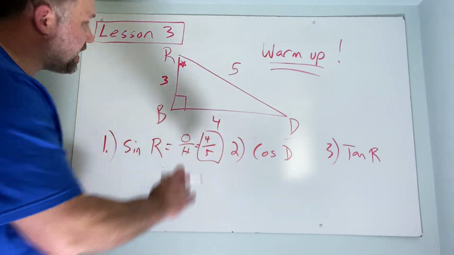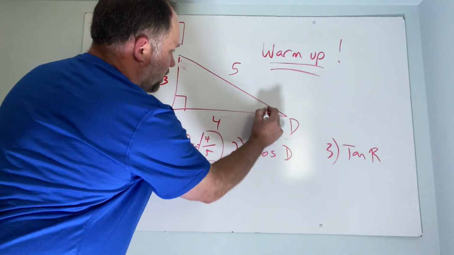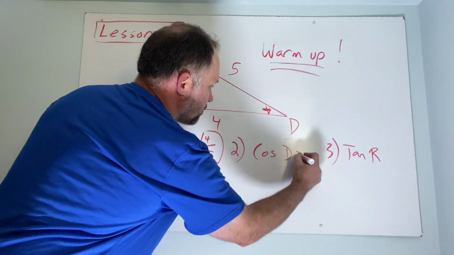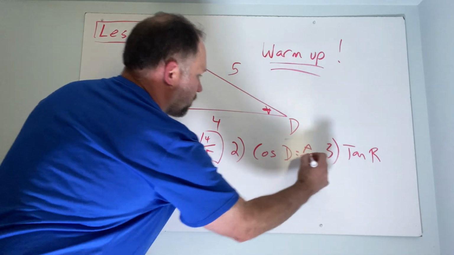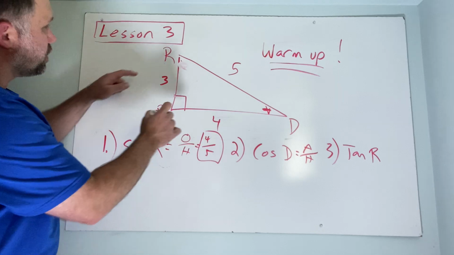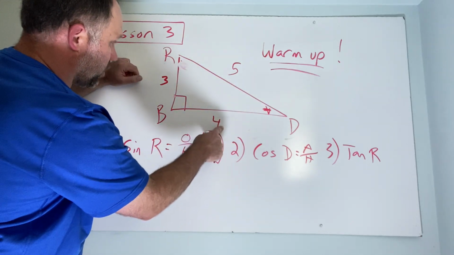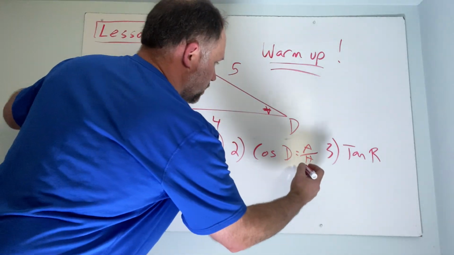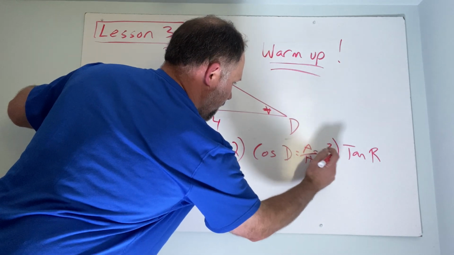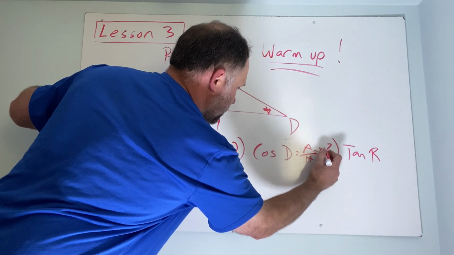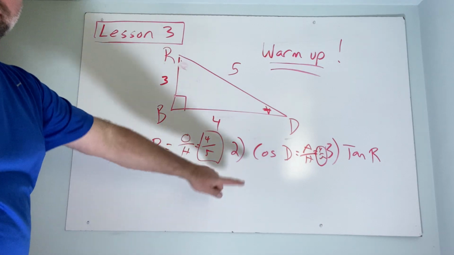The cosine of D, angle D is down here, cosine is adjacent over hypotenuse, so adjacent's 4, hypotenuse is 5, so that's going to be 4/5. Tight squeeze in there, but we're good.